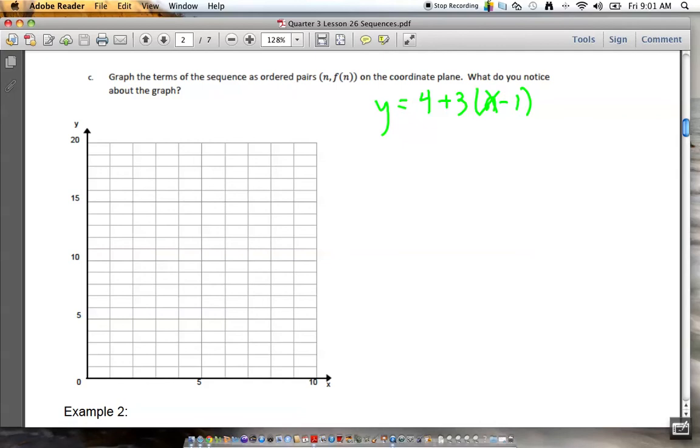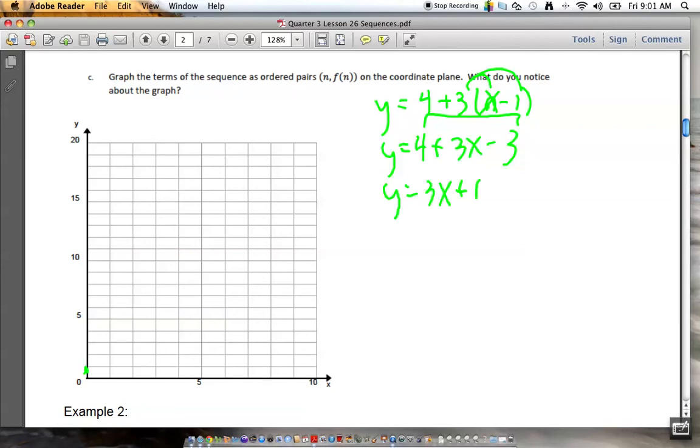Now, let's do a little bit of math here. Distribute the 3, and I get y equals 4 plus 3x minus 3. And then I combine like terms with the 4 and the negative 3. y equals 3x plus 1. Do you know how to graph that? Absolutely. Where do I begin? 1, and then I go what?